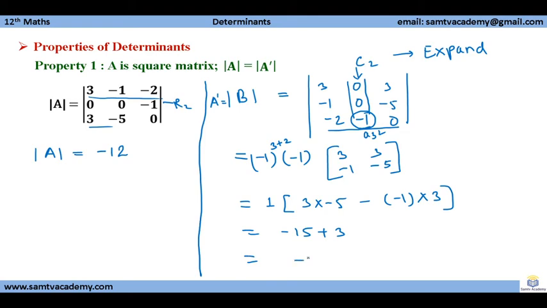The value of the determinant is minus 12. So what we have seen is that the determinant of A transpose, which is B, comes to be minus 12 only. If we apply this property and transpose the matrix, the value of the determinant remains the same.